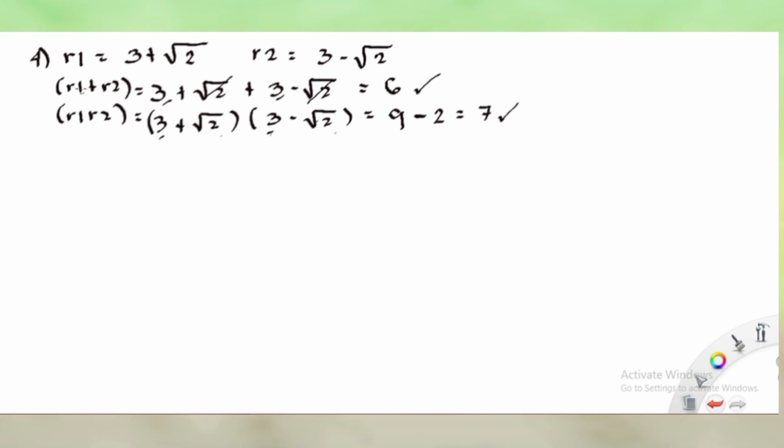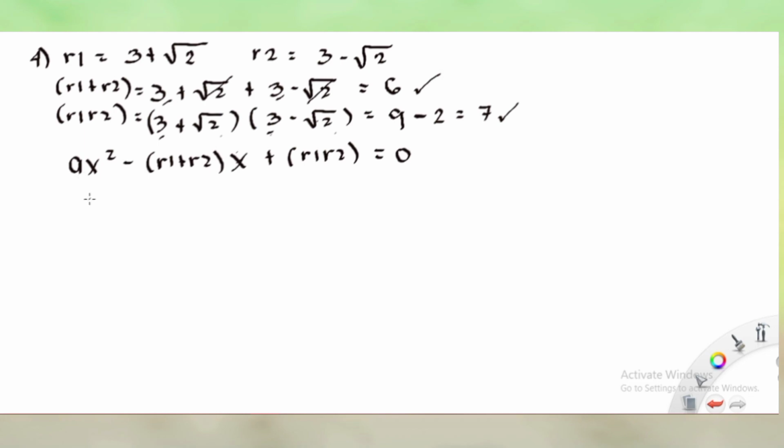Okay? So, let's now substitute the sum and the product of the roots into ax squared minus the sum (r1 plus r2)x plus the product r1 times r2 equals 0.